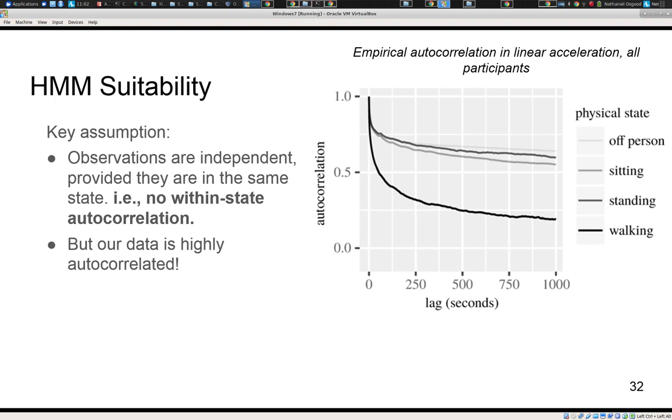So the assumption here is there's no within-state autocorrelation. And what we found is our data violated that assumption. There's actually quite a bit of seeming in-state correlation, quite a lot of correlation within what was recorded as the same state, say sitting.